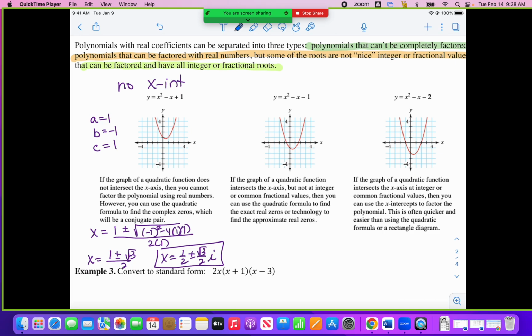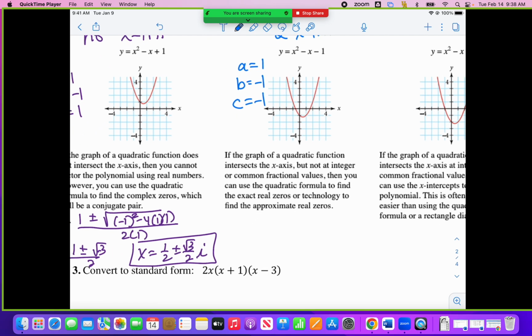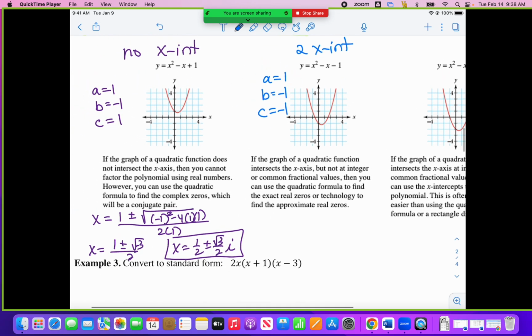Now this one has 2 x-intercepts. So let's take a look here. Now a is 1, b is negative 1, and c is negative 1. So x equals negative b plus or minus the square root of b squared minus 4ac, all over 2a.